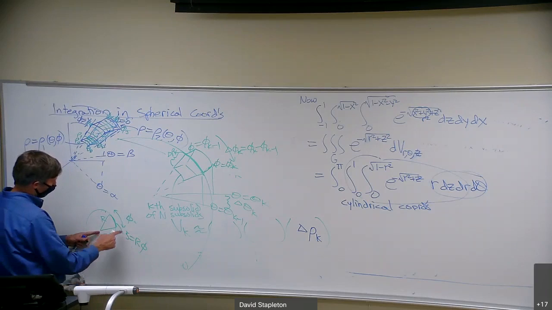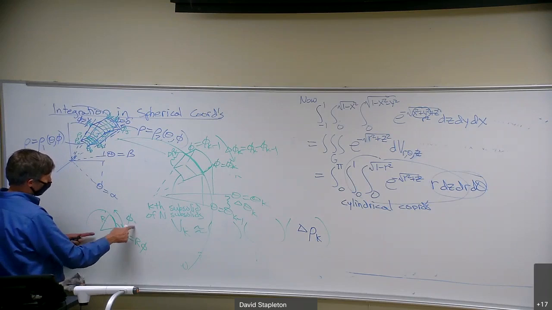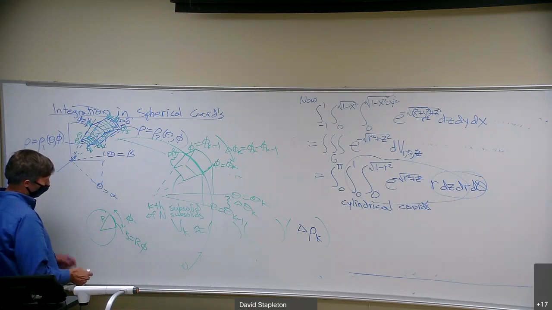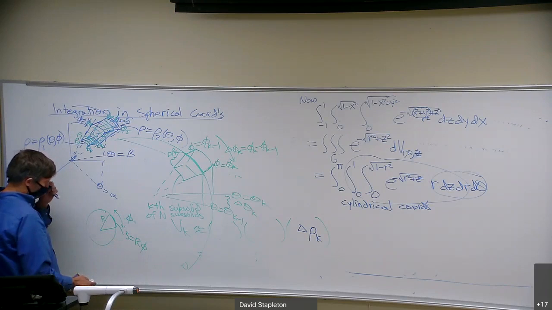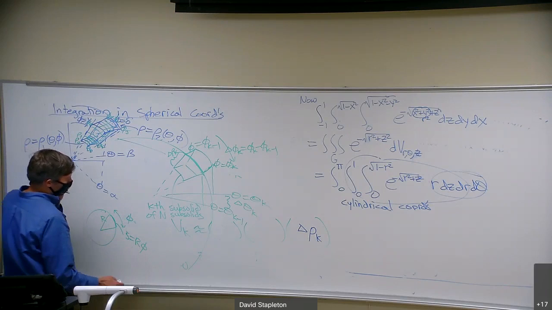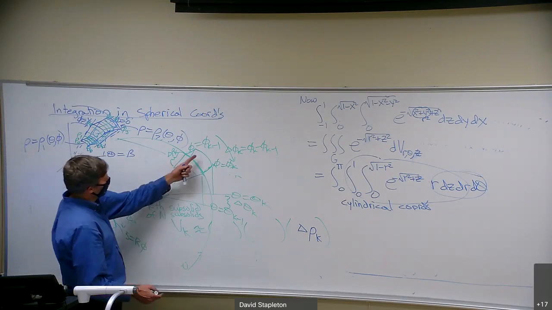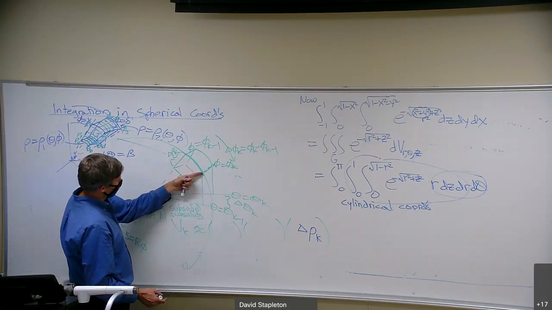If you take 2 pi, you get 2 pi r, the circumference of the circle. It's the fraction of the circle subtended by phi. So this is the formula for arc length, the radius times the angle subtended. Well, the angle subtended here is delta phi k.